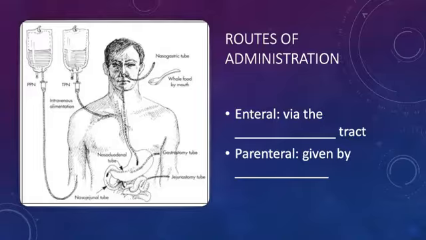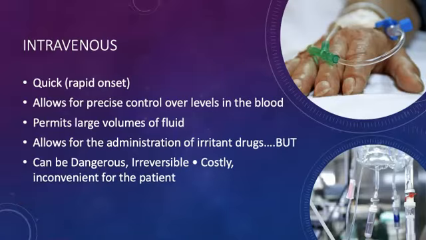On the flip side, anything parenteral is given directly into the blood, via an IV or IM approach. I know IM is not IV; however, it's absorbed directly from the muscle into the vascular system.